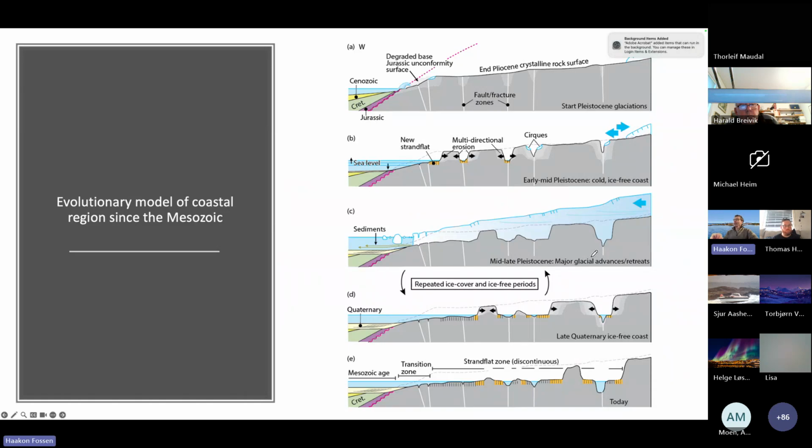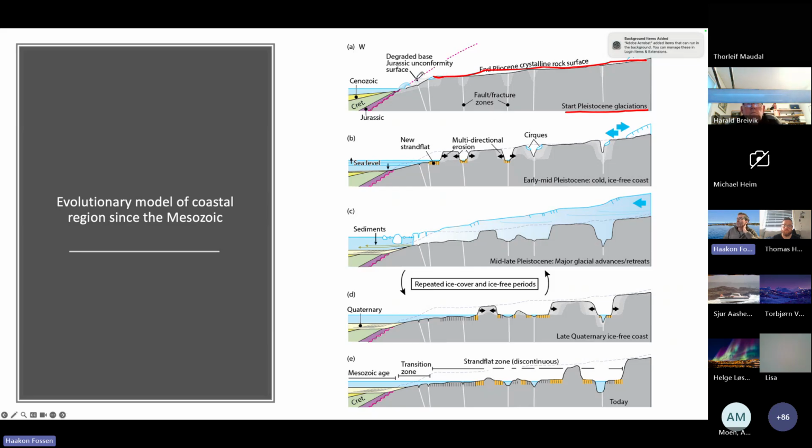And in the end, let me summarize with this figure here. The way I portrayed this, I imagined this when I did this a couple of years ago, 3 years ago, that at the start of the Pleistocene glaciations, we had a pre-glacial landscape, everybody agrees on that, and it probably was close to the peaks of many of the mountains that we have.